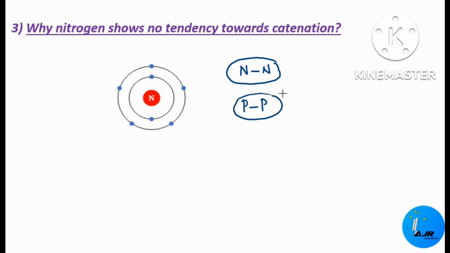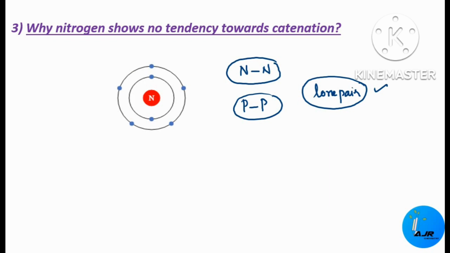This is due to the high interelectronic repulsion of the non-bonding lone pairs of electrons present in nitrogen, and because of this the bond is very weak, which is due to the small bond length. Hence, catenation is not possible.